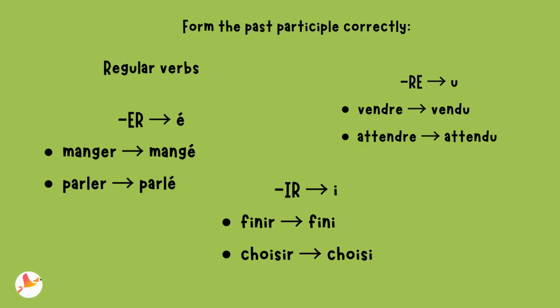If the verb ends in ir and it's regular, finir and choisir being examples, the ir ending verbs become i in the past participle form. Finir becomes fini, choisir becomes choisi. Now, if the verb ends in re and it is a regular verb, the ending becomes u. So vendre becomes vendu, attendre becomes attendu.